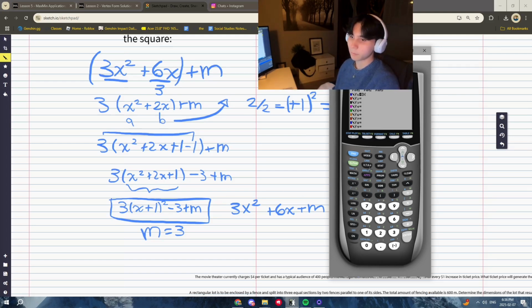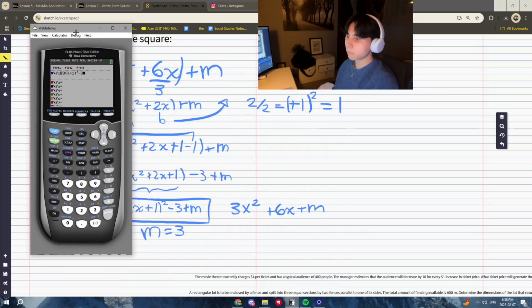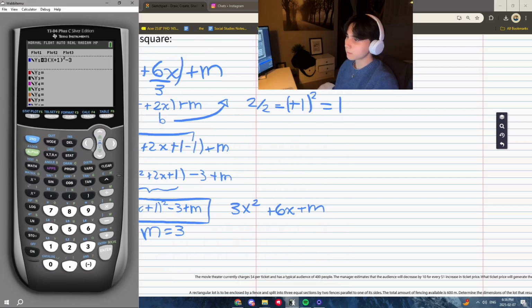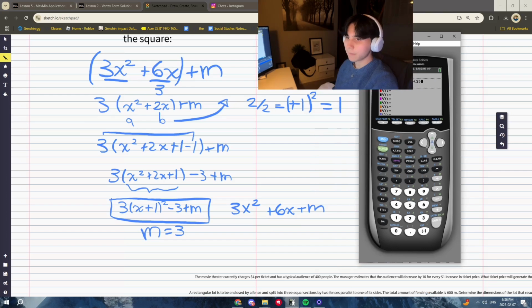So I'm going to plug in the one that we created, x plus 1 squared minus 3 plus m, which we set to 3. And then on the other one, we have 3x squared plus 6x plus our c value, which is m, which we set to 3. So now these guys should overlap. And what do you know? They create the exact same line.